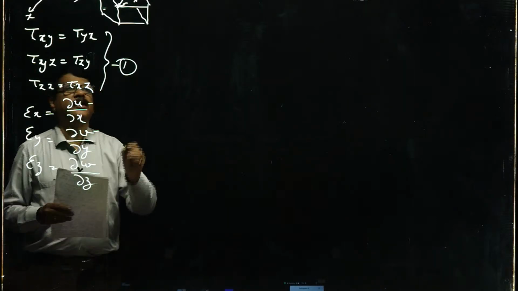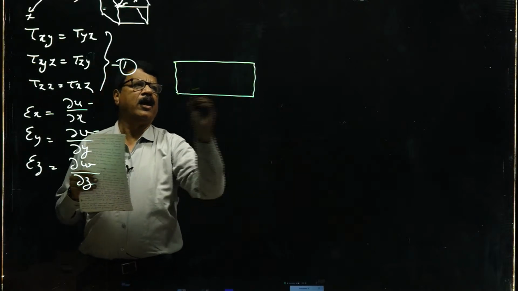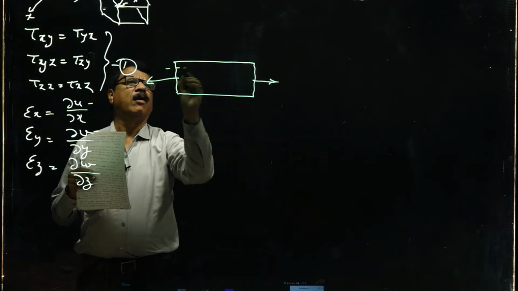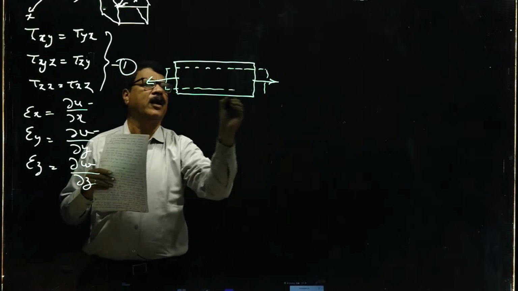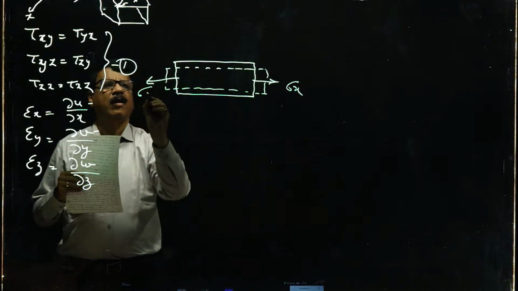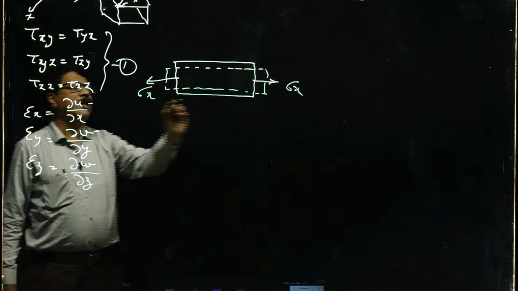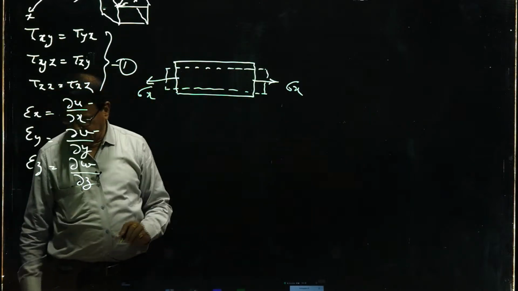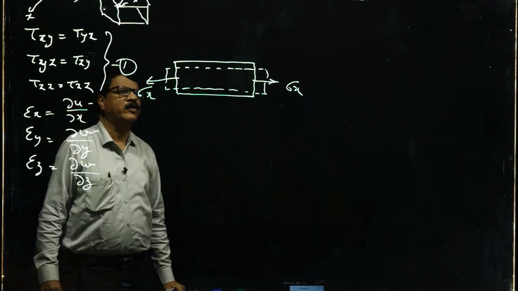Hooke's law. As you already studied, if you apply a force on any bar or something, then in the direction of the applied force there is some elongation or compression, depending upon the type of force, whether it is tensile force or compression.